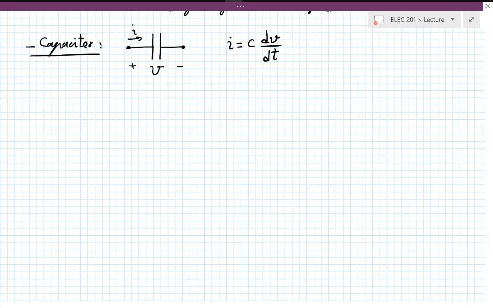I think we talked about this last time, so I don't want to repeat it, but it came from the fact that in the capacitor, charge was this. So current, which is the time derivative of charge, remember, the rate of flow of charge. If the value of C was constant, if it was a capacitor that itself was not being changed, then you would simply have C dV by dt.